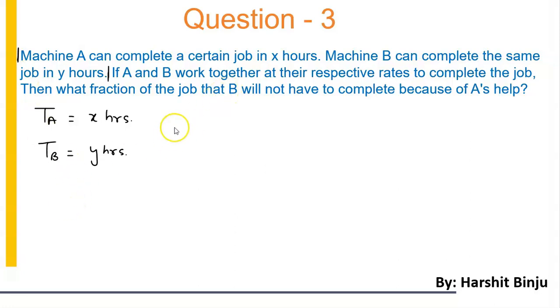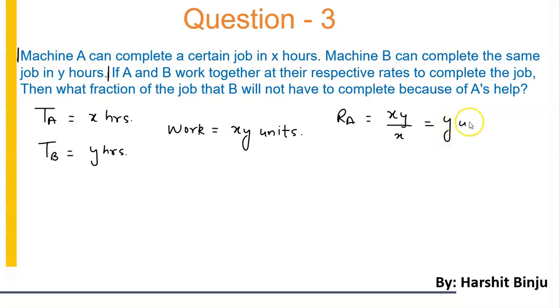I'll take the total work to be XY units, which means the rate of A will simply become XY divided by X, which is equal to Y units in an hour. And the rate of B will become XY divided by Y, which is equal to X units an hour.